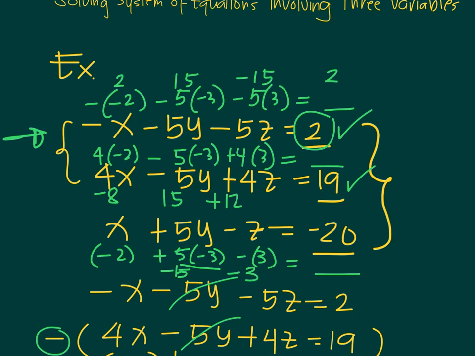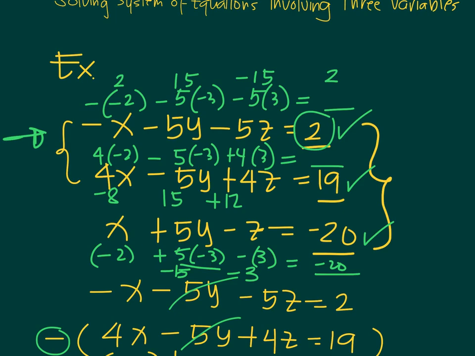Negative 2 minus 15 is negative 17, and a minus 3 again is negative 20. So that means it is also correct. So we have solved the system of equations with x equals negative 2, y equals negative 3, and z equals positive 3.